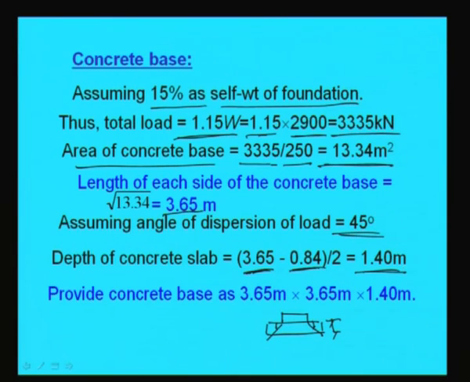So provide a concrete base as 3.65 by 3.65 by 1.4 meter. So this will be the dimension of the concrete base. So in this way, very easily we can find out the dimension of the concrete block as well as the dimension of the steel plate to carry that much load.